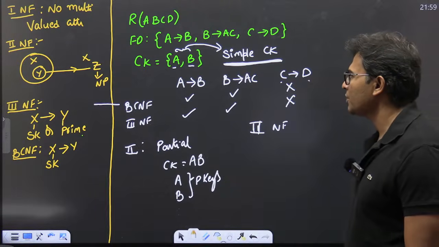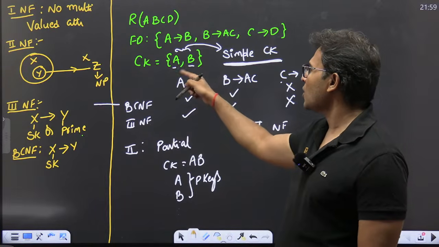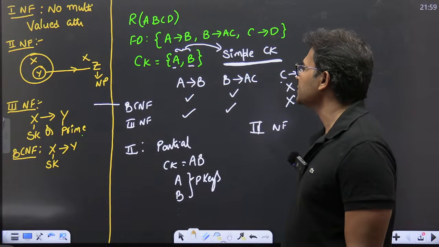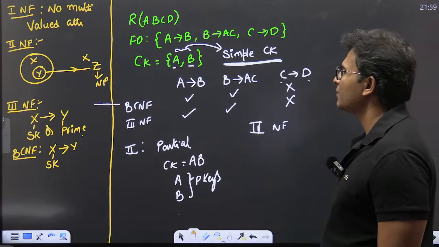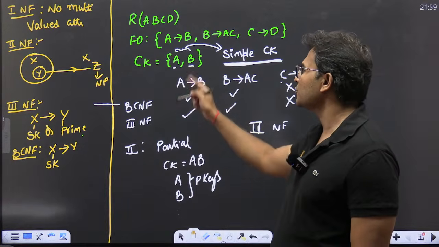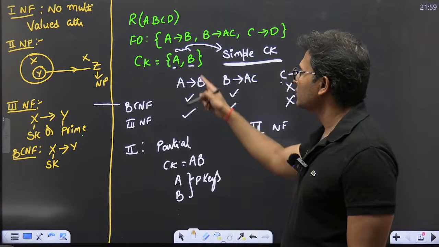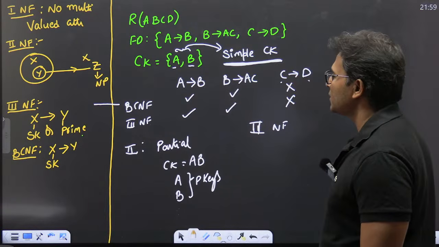So what is the point? When all the candidate keys are simple keys, which means single attribute keys, then there is no way we can get partial dependencies.